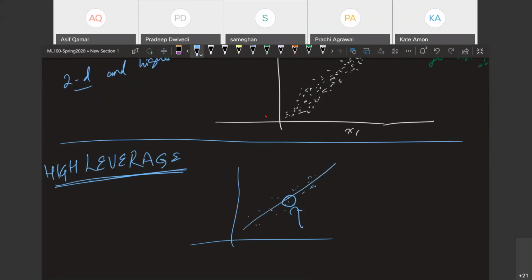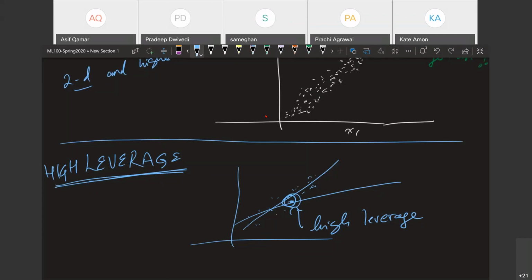Suppose your model is like this, and if you remove this point, your model will become like this. Hypothetically, this is what happens. These are points of high leverage, and it is very specific to linear regression. When you just visualize the data, you can't see them. But they are sitting there and they hijack your modeling exercise. They make your models not as accurate in prediction. These are high leverage points.